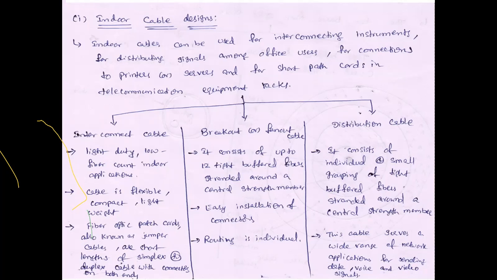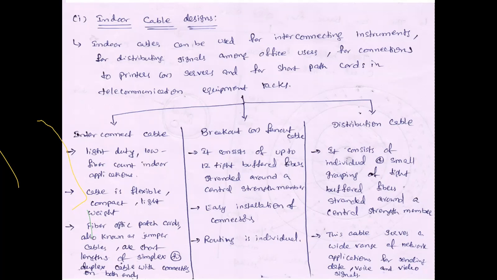Next, the third type of indoor cable design is distribution cable. It consists of individual or small groupings of tight buffered fibers. Here, the interconnect cable, the first one, is individual. The second one, breakout or fan out, is grouping. The third one, distribution, is either individual or grouping of fibers.